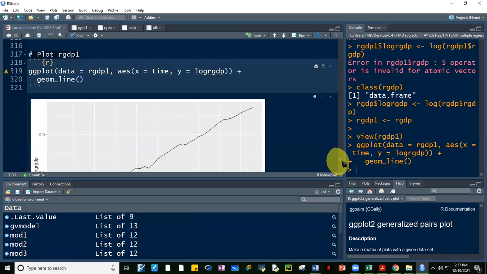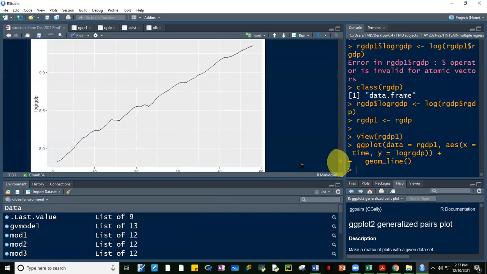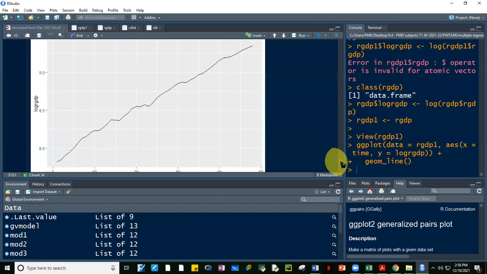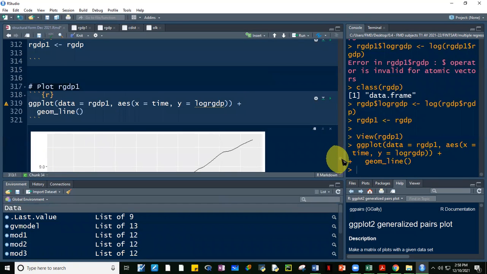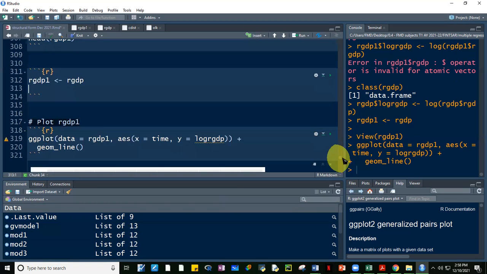Alright, so this is the plot, no? Ito yung plot ng log ng RGDP. Tapos ito yung time natin from 1 up to ano yun? Okay. Alright, questions so far guys? Pause muna ako kasi baka nalito na kayo eh. Sorry about that.